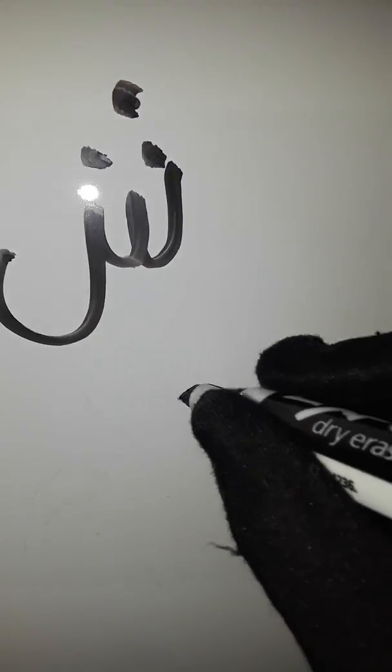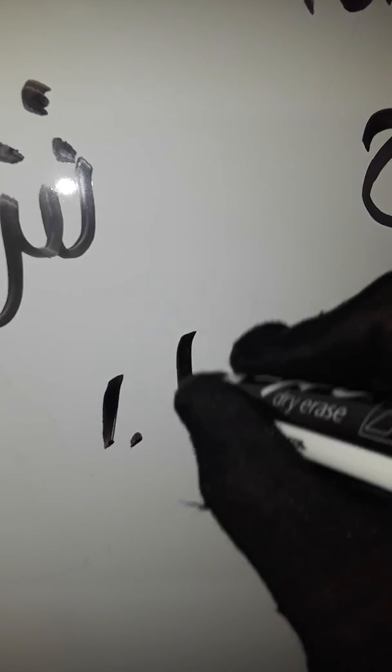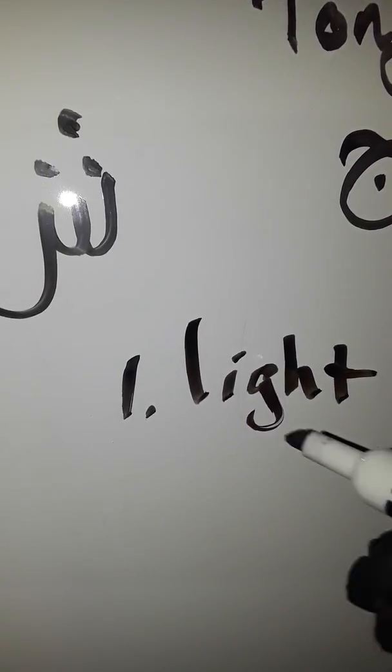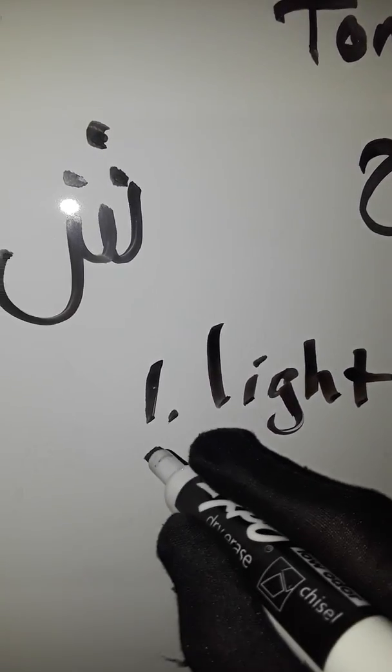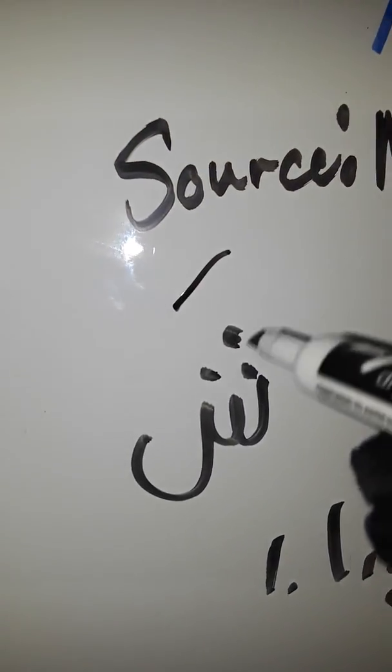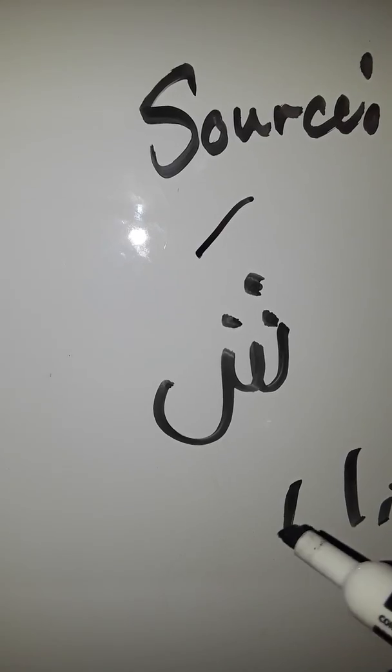Okay, the characteristics now. I'm going to write them so there's no confusion, because before I was just talking, and I hope that y'all got them. So the first characteristic is that it's light. So remember, if we were going to say fatha on this, it would be sha. It would not be shaw.